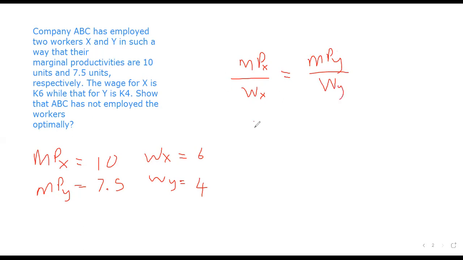So here we have 10 divided by 6 must be equal to 7.5 divided by 4.